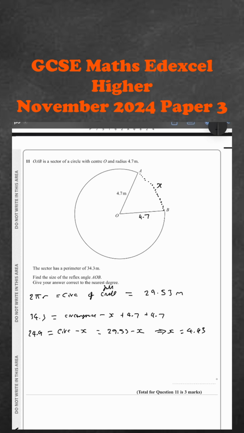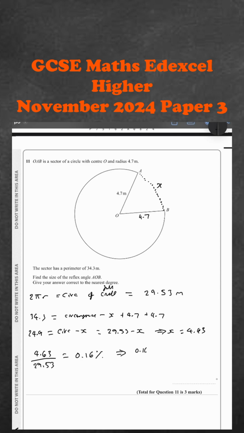If we can then work out what percentage of the circle x is, then we can correspond that to the angle. So 4.63 out of the full circumference of the circle, which is 29.53, divided by 29.53 gives us 0.16 of the circle.